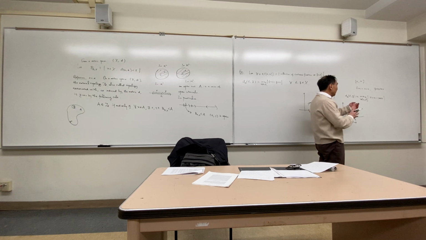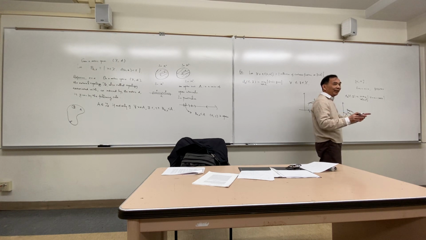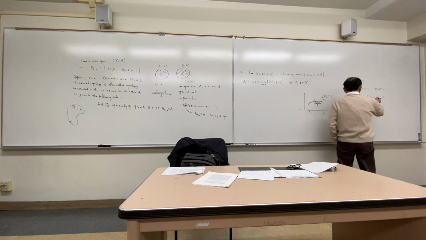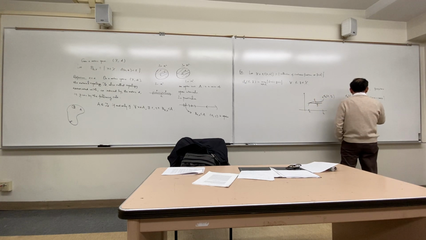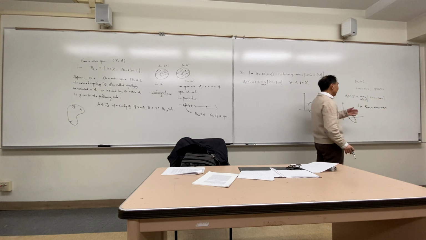In order to find the maximum, we need to use the method you learned in calculus 1: we take the derivative and then evaluate. Let h of x be the difference between sine x and cosine x. Let's see what is the maximum value of h and the minimum value of h.